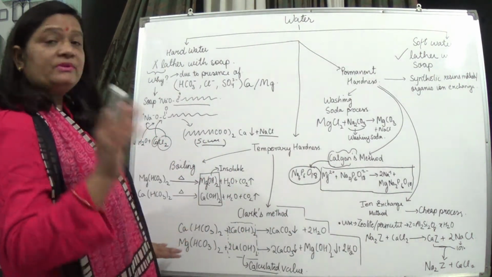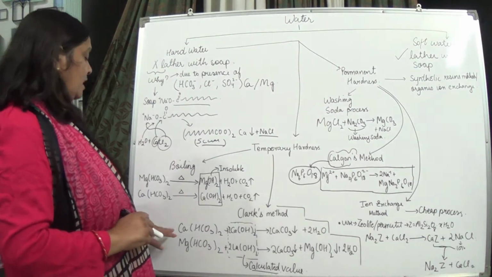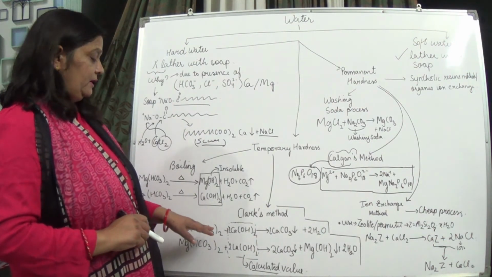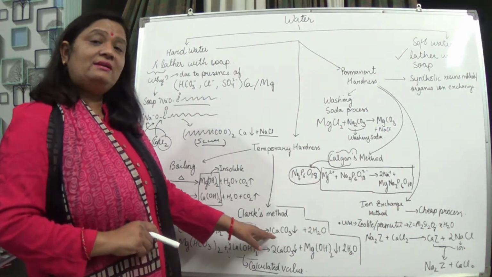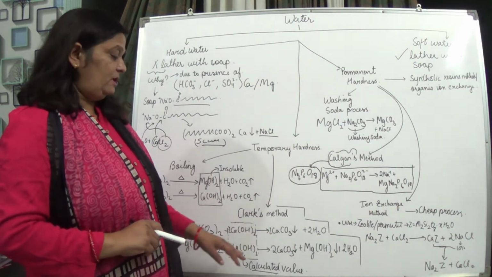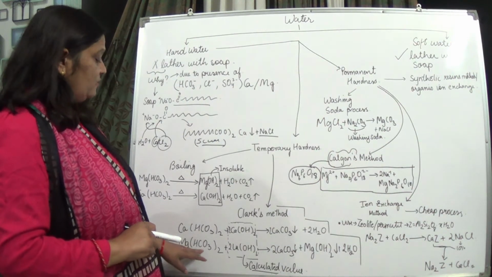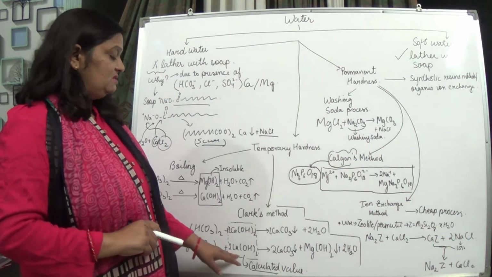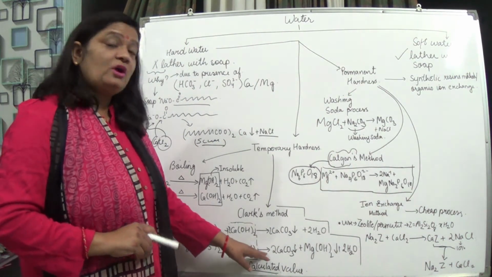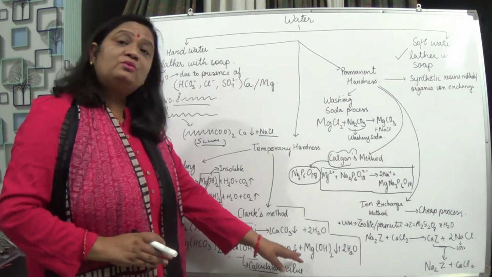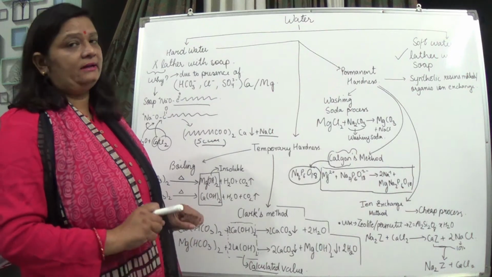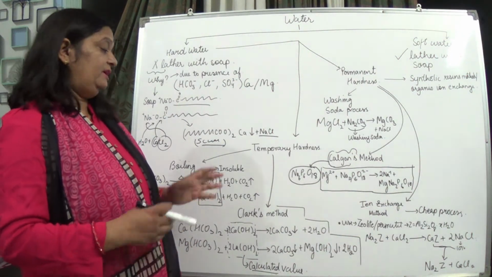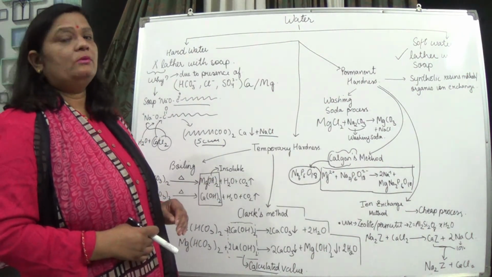Just remember that when calcium hydrogen carbonate is treated with lime, Ca(OH)2, we get only calcium carbonate as precipitate. But when magnesium hydrogen carbonate reacts with calcium hydroxide, it gives calcium carbonate as well as magnesium hydroxide, which is insoluble and can be removed, and we get soft water.